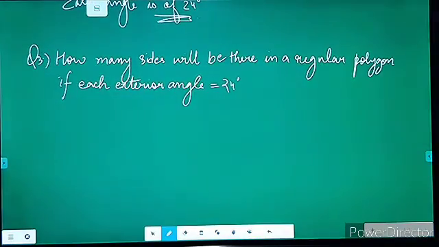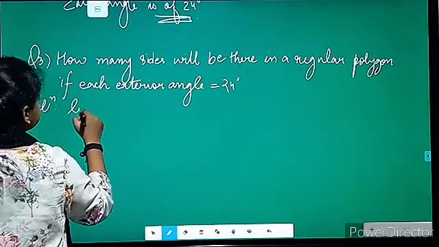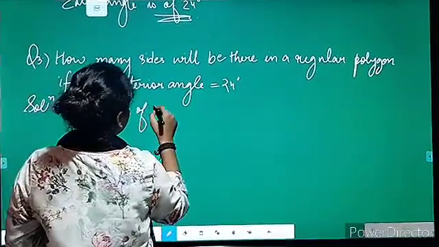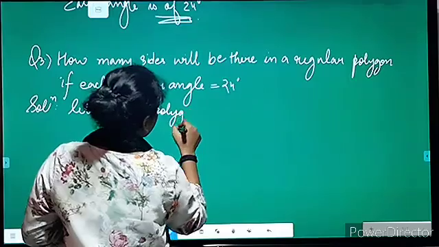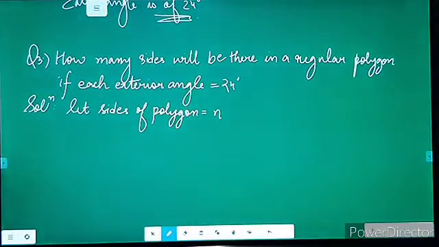Okay, let us consider in the solution: let the sides of the polygon be equal to n. We were considering that a polygon has 9 sides.